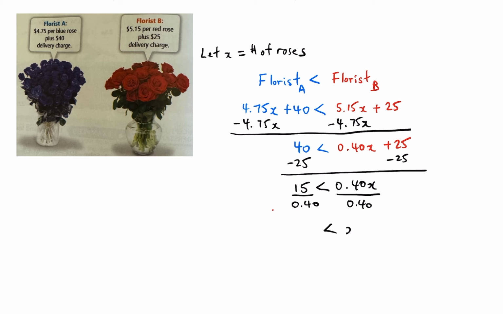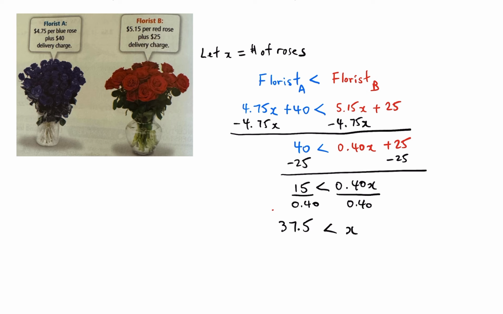And when we do, we find that X is going to be greater than 37.5. Okay? Now, let's go back to the original setup of this problem. We said that we're going to let X equal the number of roses. Well, we've discovered here that X has to be greater than, right? So X is on the greater than side. So X is going to be greater than 37.5 roses.